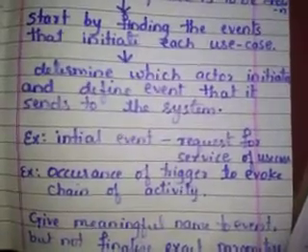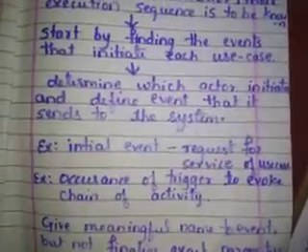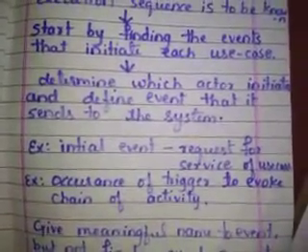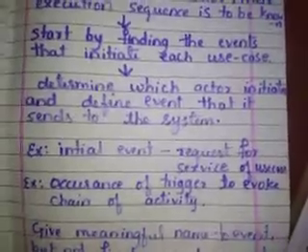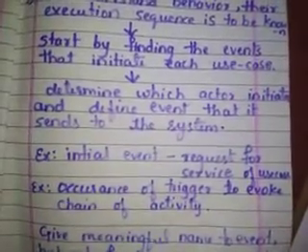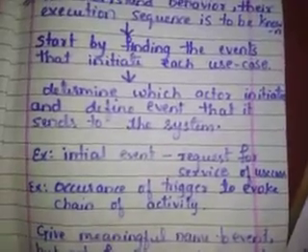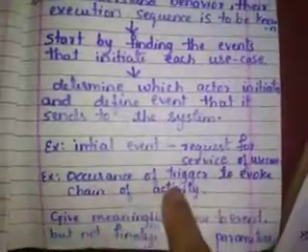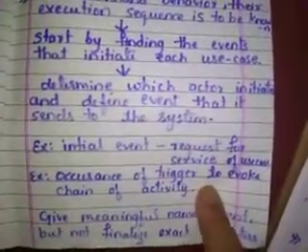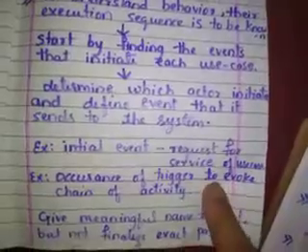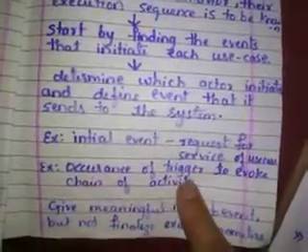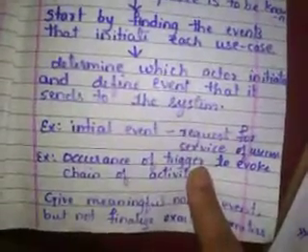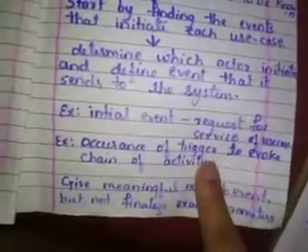When the customer interacts with the ATM, he is requesting some transaction without the help of a banking employee, or it can be the occurrence of a trigger which will evoke a chain of activity, like when you press an OK button to download a particular file or folder, it will trigger a chain of activities which will go on downloading the related audio files, the video files, the images. So it is invoking a chain of activities. So many times the initial events can be a request or it can be the occurrence of a trigger to evoke a chain of activities.